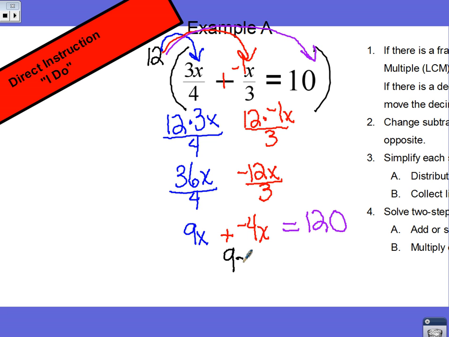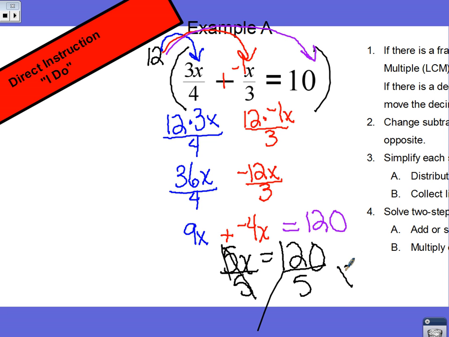Keep the sign of the larger number. 9 is larger. Haha, you guys thought you were going to trick me. There we go. Equals 120. And now I divide by 5. And so that's gone. And that goes 24 times.